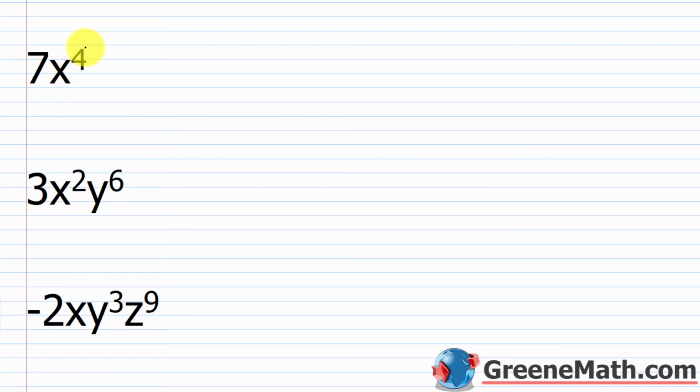So I just have an exponent of 4 here, and that's it. So the degree is 4, and that's for the term. It's also the degree of the polynomial, but again, those could be different. It just depends on the situation. So the degree of the term is 4.